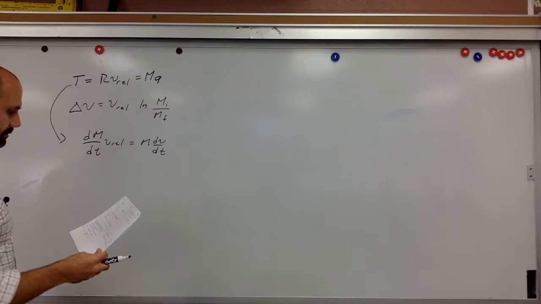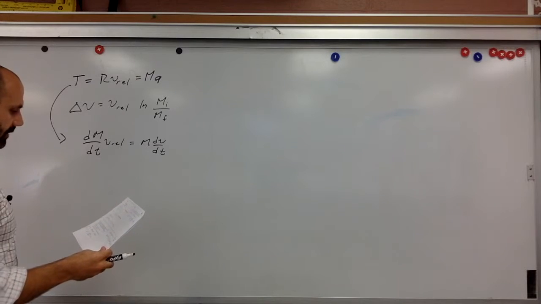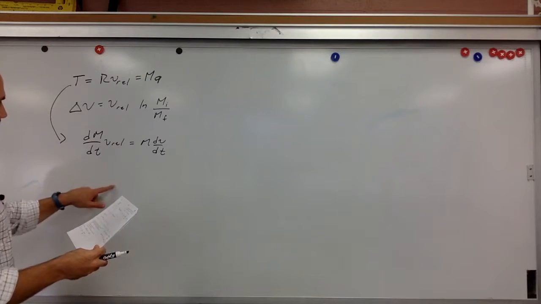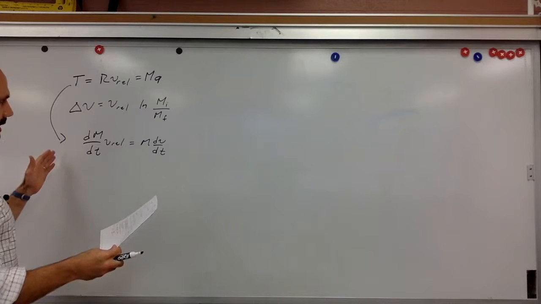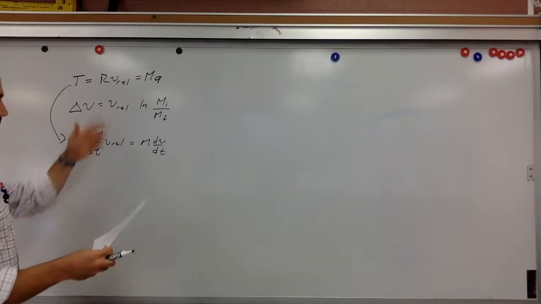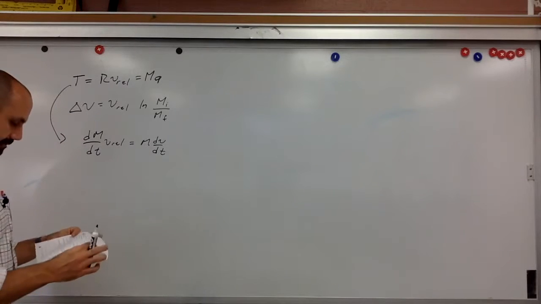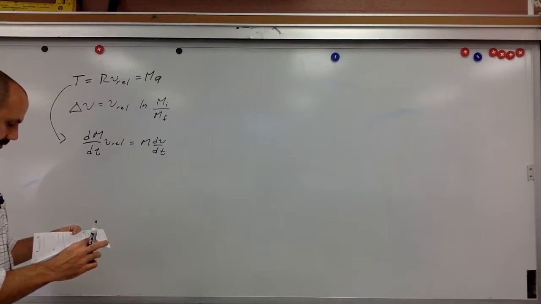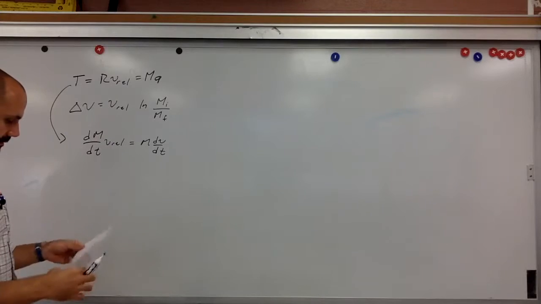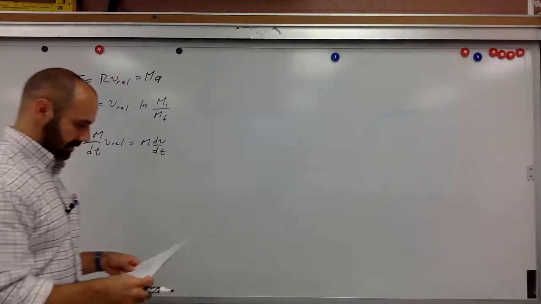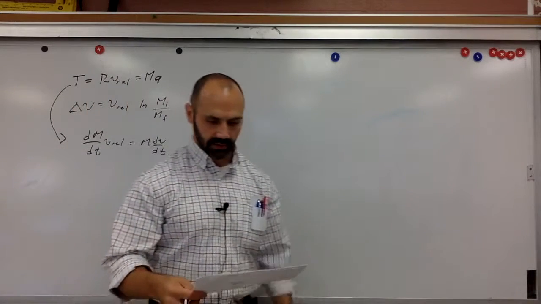And if you follow this through and you add up over a period of time, so you know your initial and final mass, then you can actually get back to this equation, which is what is done in the derivation. So let's move on to the examples and take a look.